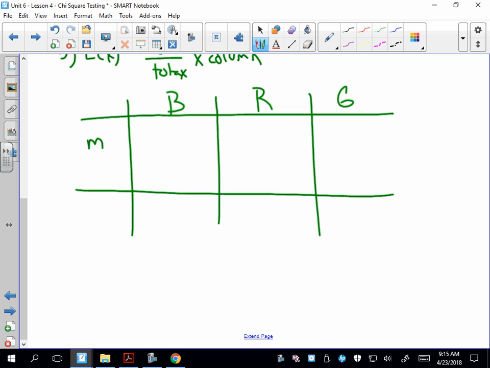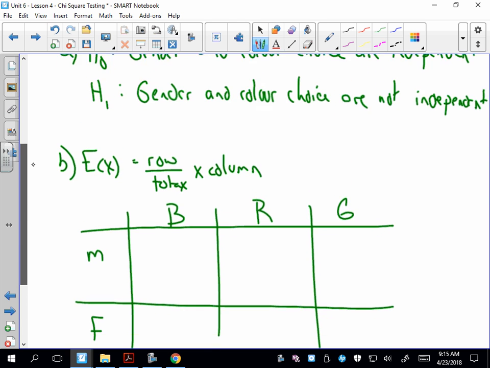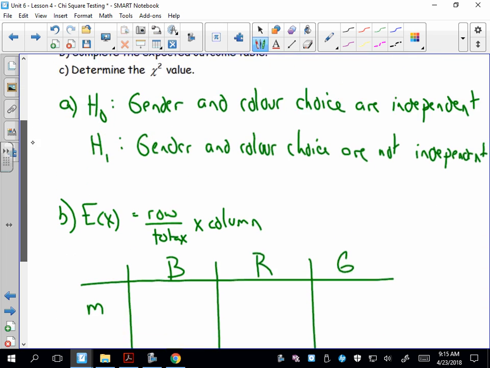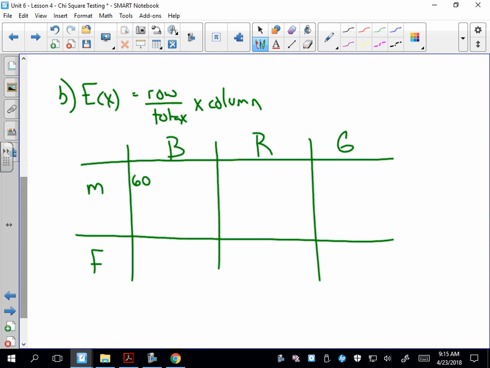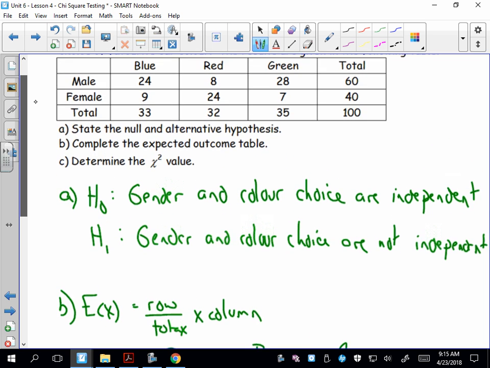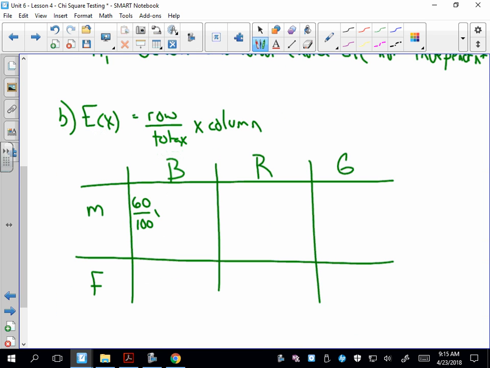Same table. Now, of the total, 60 were males. So I would expect that, theoretically, 60%, 60 out of 100, of the people who chose blue cars would be male. So I'm going to multiply this by 33, and that's my proportion of people who should be blue.